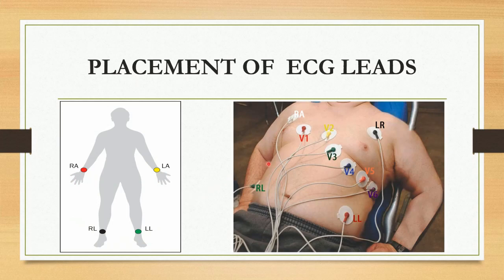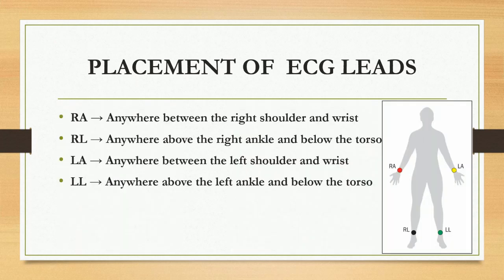And in the second picture, the placement of V1, V2, V3, V4, V5 and V6 leads. Let's see the placement of ECG leads in detail. As I said, each lead is clearly labeled.